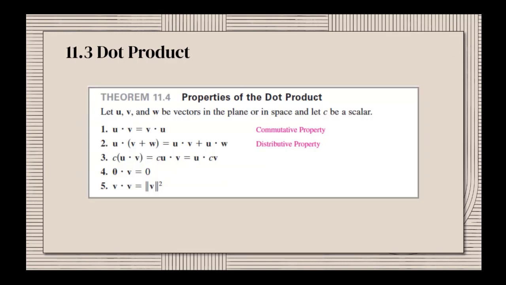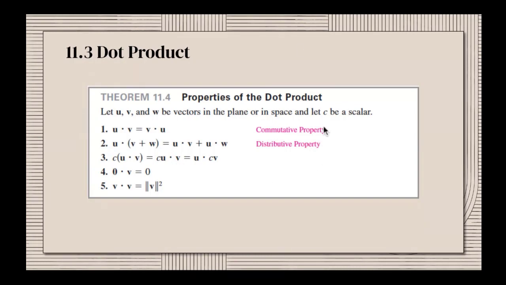So moving on, here are some properties of the dot product. And the first property is the commutative property, which just states that it doesn't matter which way you take the dot product, you will get the same scalar answer. The second one shows the distributive property. So you can take the dot product of two vectors added to each other, or you can take the individual dot products and add those together.